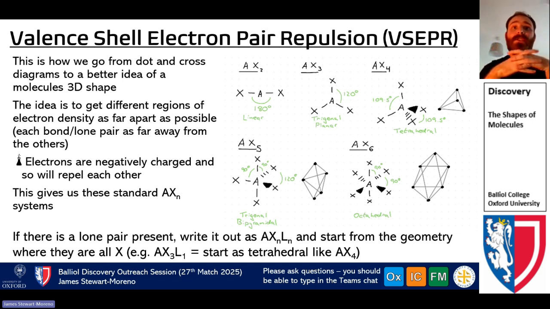Lone pairs, because you've just got 2 electrons that are close to the atom and not involved in a bond, will tend to distort the geometry so that the XAX angle becomes smaller, and so it becomes tighter. And so in ammonia, rather than having 109.5, you'd have 107, I want to say, degrees between each of them.